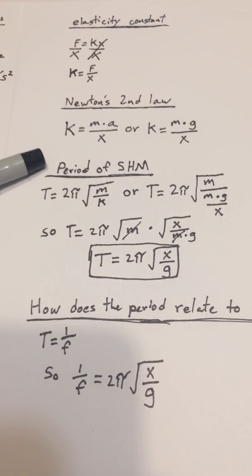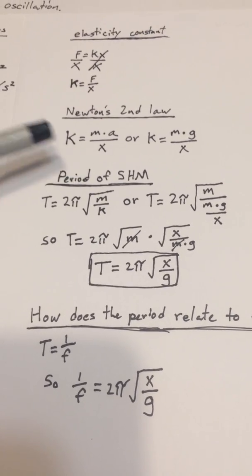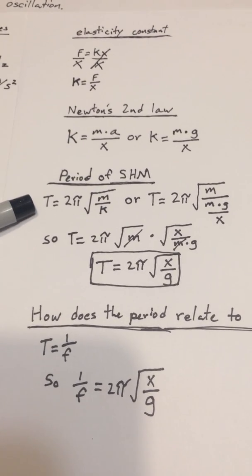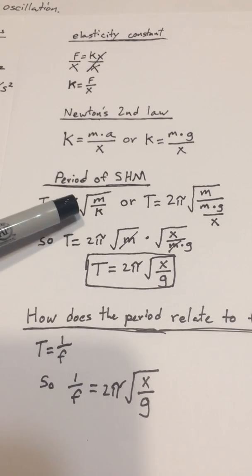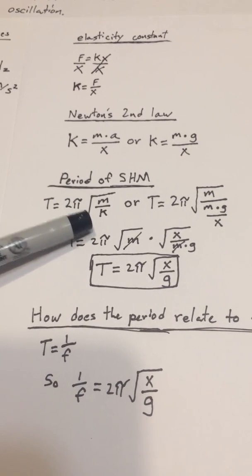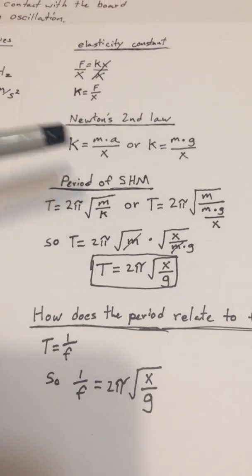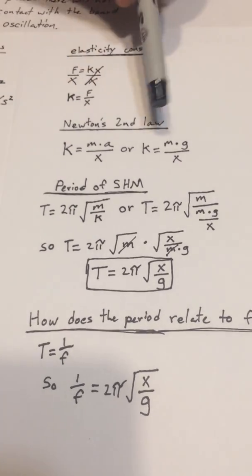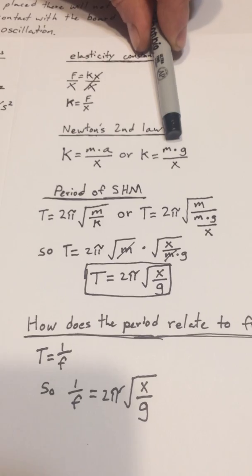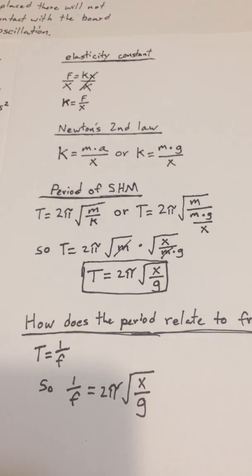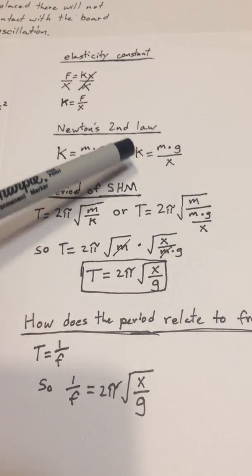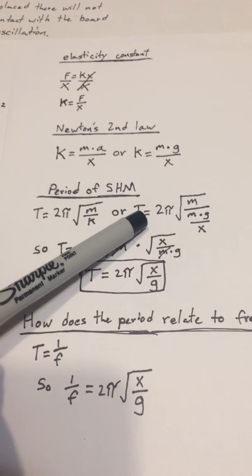Then I recognized that the period of simple harmonic motion, T, is equivalent to 2 pi times the square root of mass over the elasticity constant. Well, we solved for the elasticity constant in terms of m times acceleration due to gravity over displacement, so you can plug that in here and derive this expression.